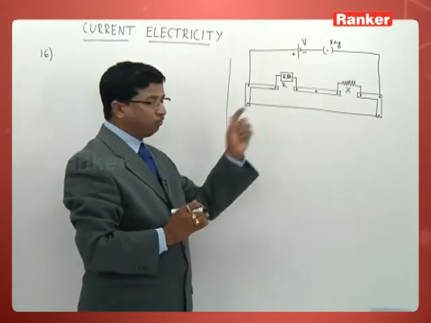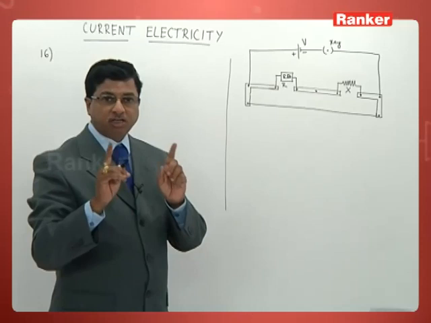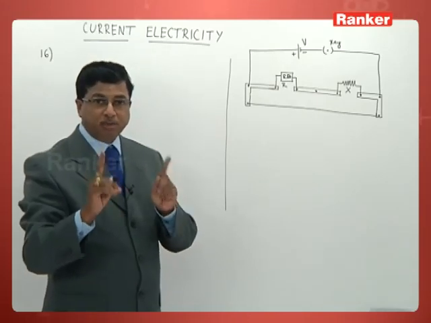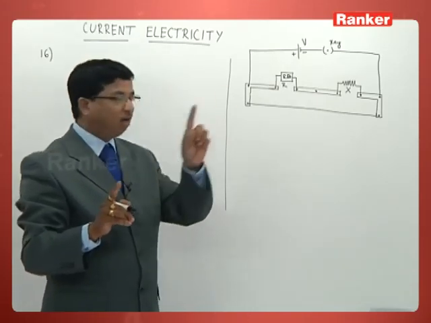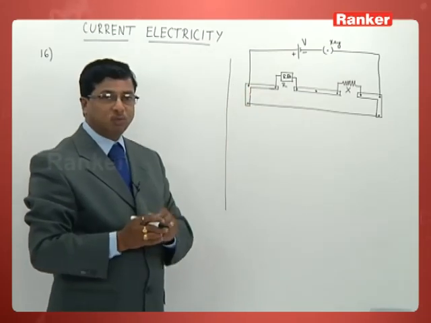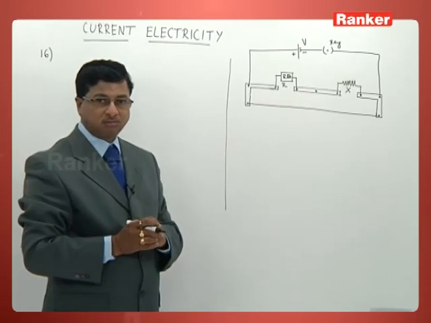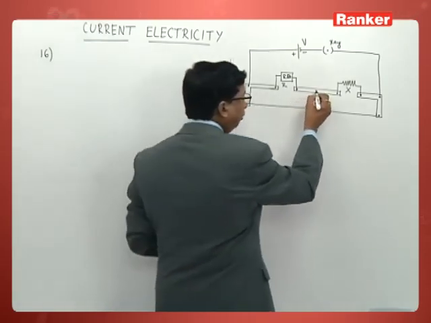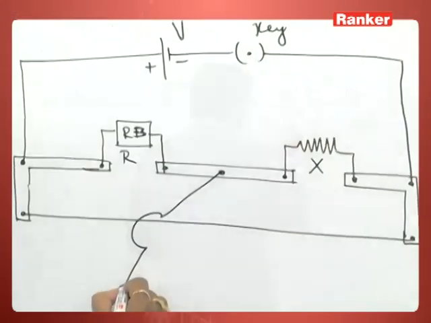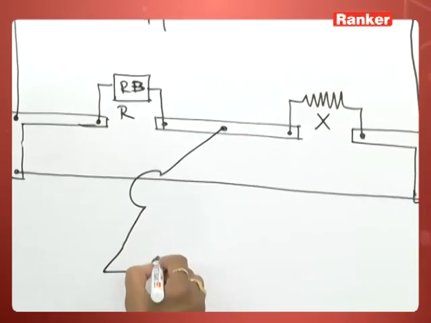If you look carefully, out of 9 connecting terminals, 8 are already engaged. Only 1 terminal is left vacant yet. What is that? The middle one. From here, we connect a wire.